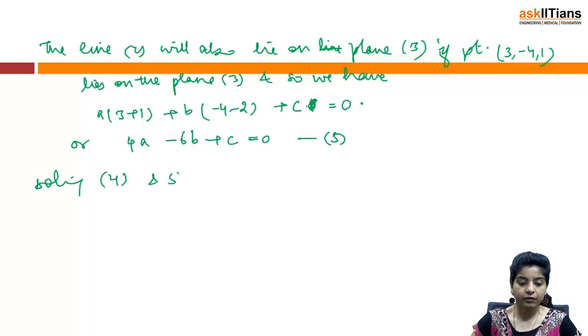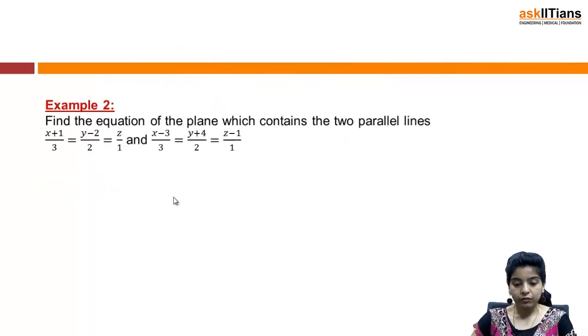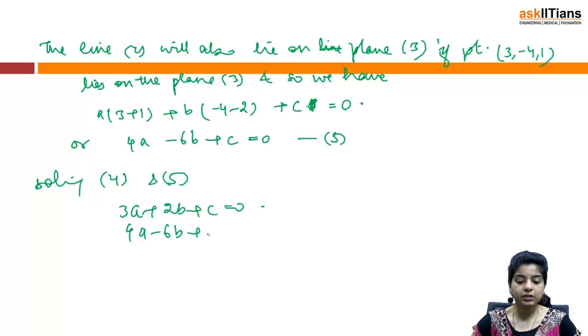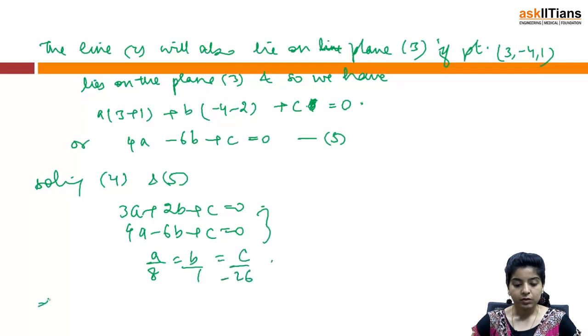Solving 4 and 5, my 4 was 3a plus 2b plus c is 0. So I have 3a plus 2b plus c is 0 and 4a minus 6b plus c is 0. I can solve these two and I get a by 8 is b by 1 is c by minus 26.